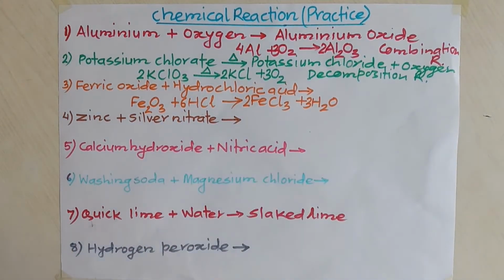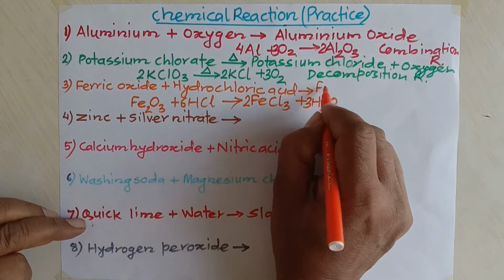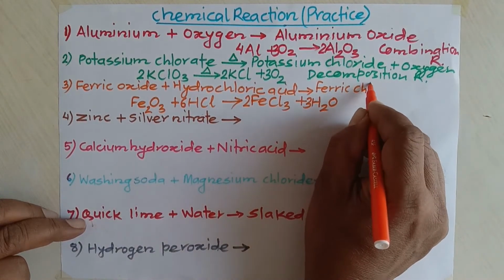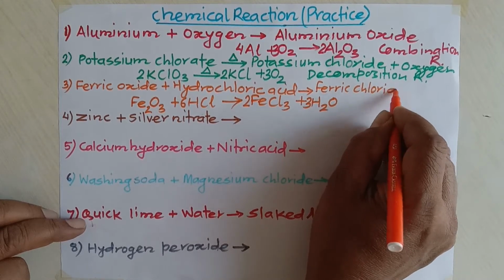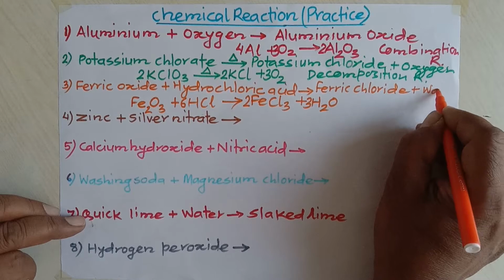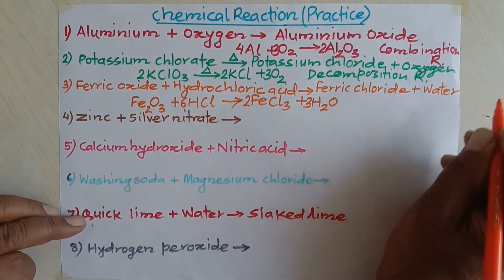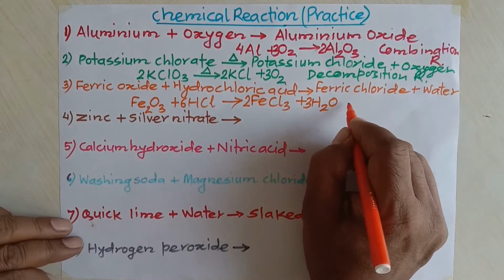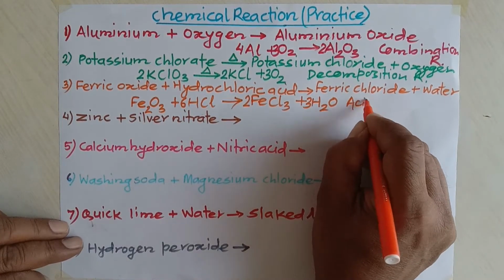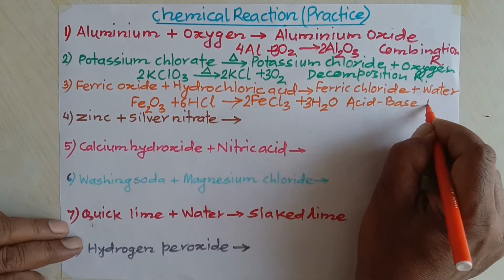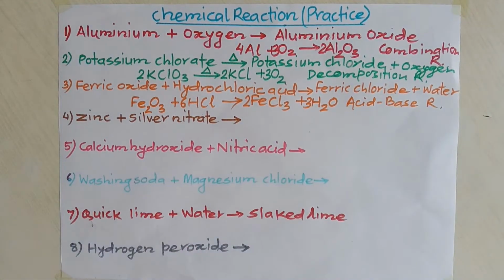It is ferric chloride. And another product is what? Water. Ferric chloride and water. The salt and water. And what type of reaction is this? Previously I told you, acid-base reaction.